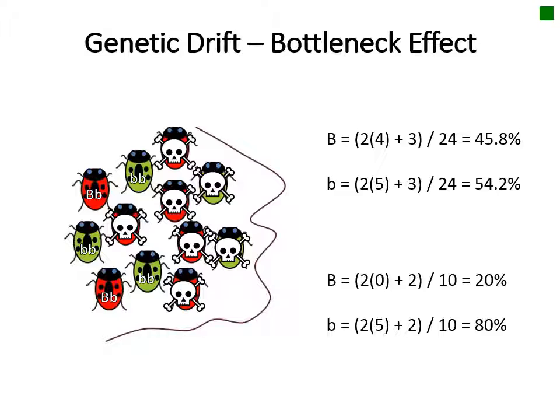The surviving gene pool has had a change in allele frequencies, but not due to natural selection because the green allele was helping survival, but just due to random chance.